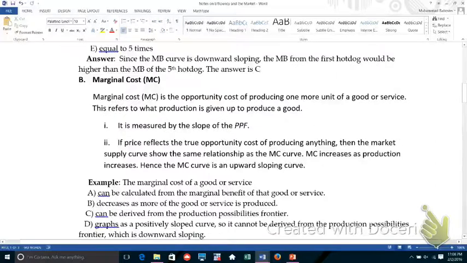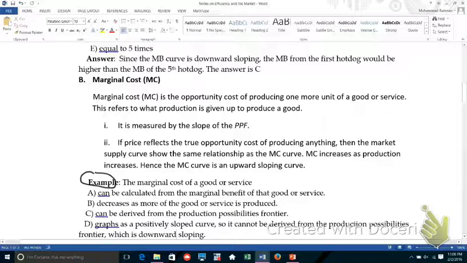Let's look at a question, an example. So this is the example that we're looking at right now. The example is telling us that A, the marginal cost of a good or service can be calculated from the marginal benefit of that good or service. Not true. Marginal cost and marginal benefit concepts are separate. They are coming from two sides of the market. Marginal benefit is giving us an idea about the society's value of the good, and marginal cost is telling us the opportunity cost of producing something.